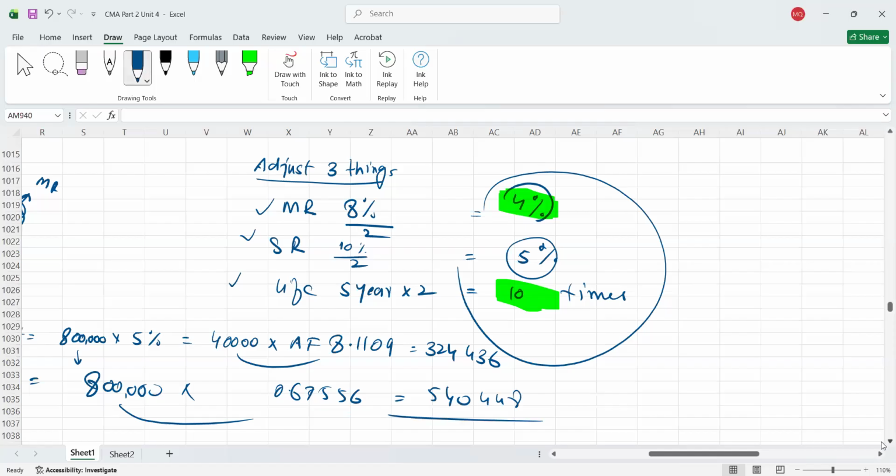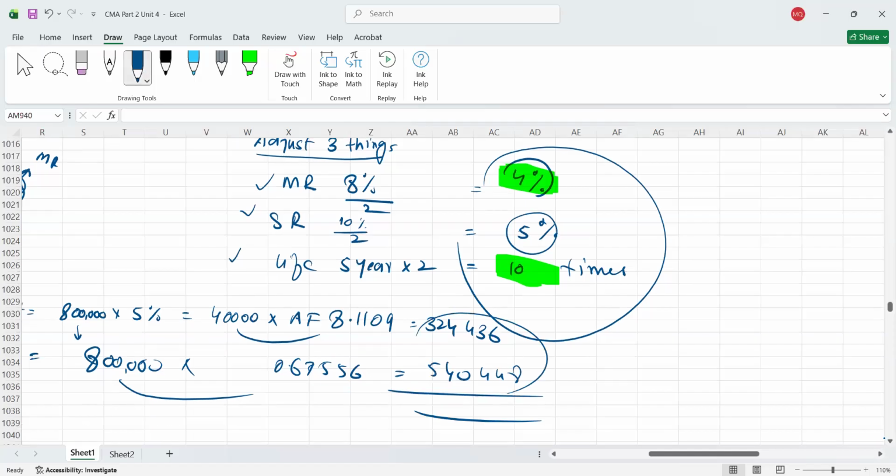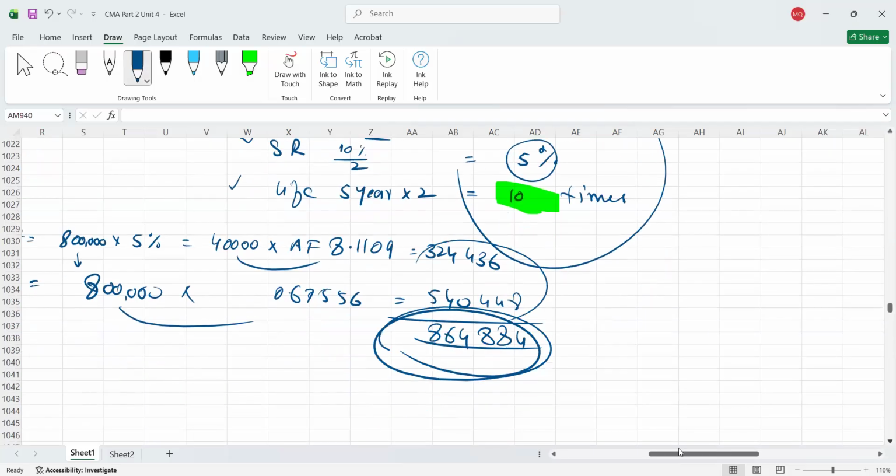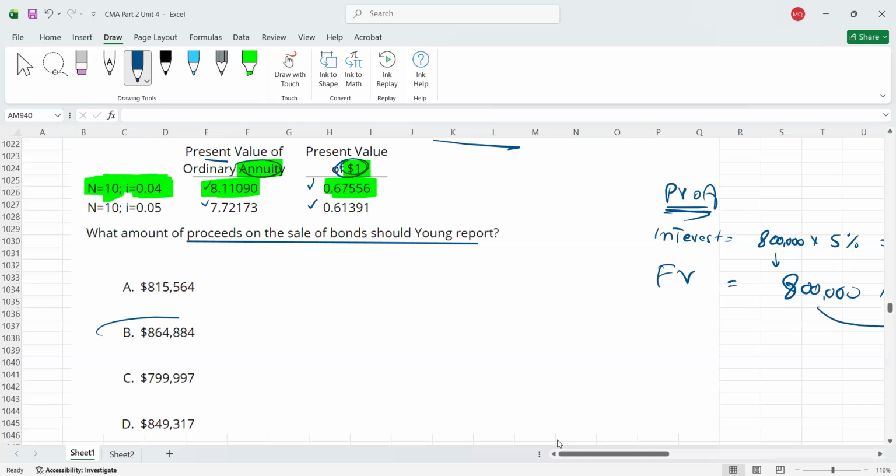Now add these two figures, this is going to be the answer. Plus 324,436, so it is going to be 864,884. That's your answer, and this answer is option B. This is how you will deal with semi-annual payments. I hope it is clear.